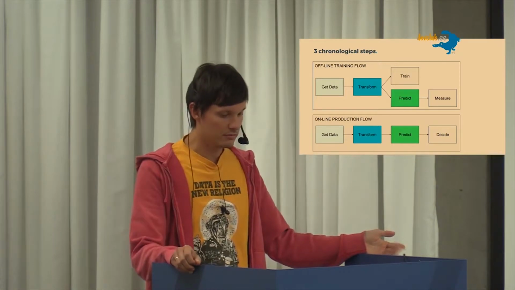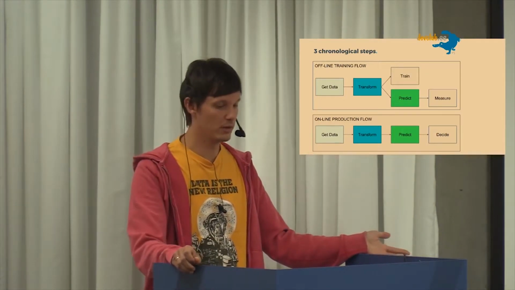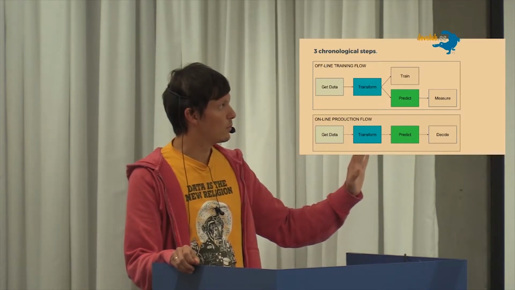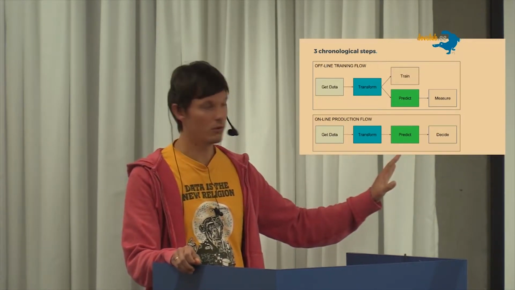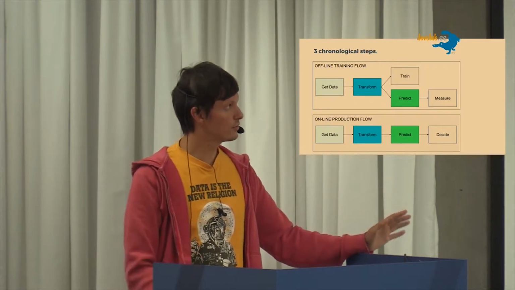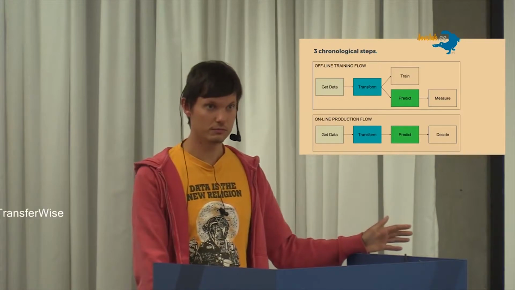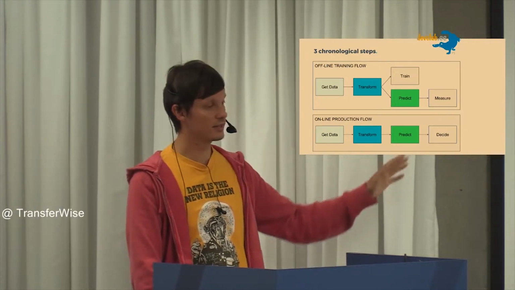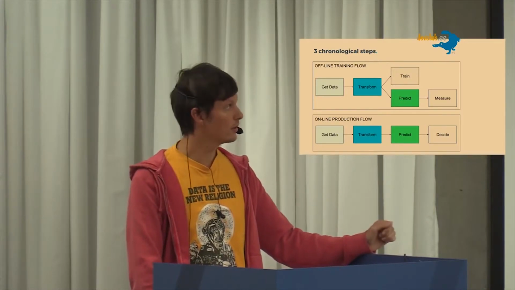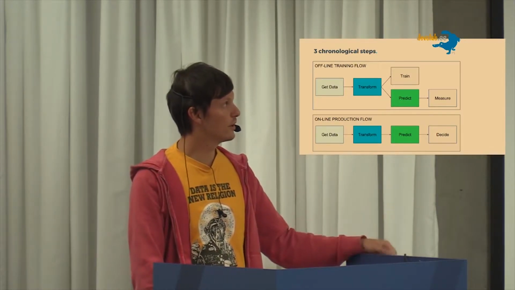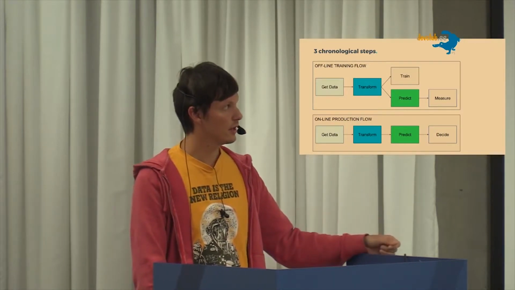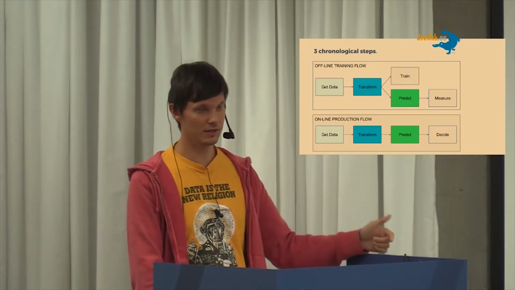So a machine learning engineer ends up with the following options. To use one framework for all of this, or to use two frameworks, one for training and testing and another for production flow, or maybe to have one framework for training and another for testing and running in production.